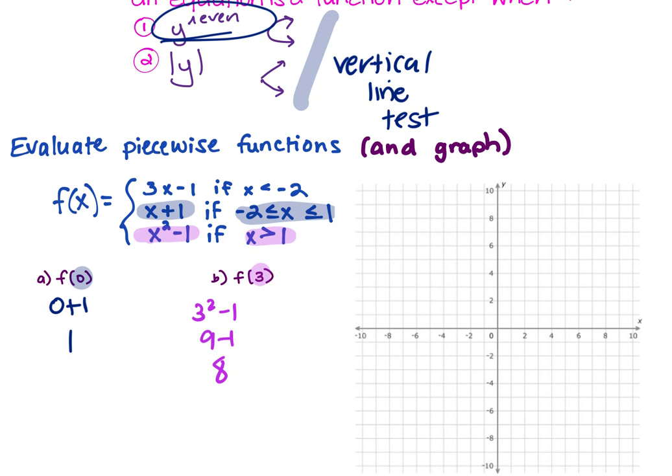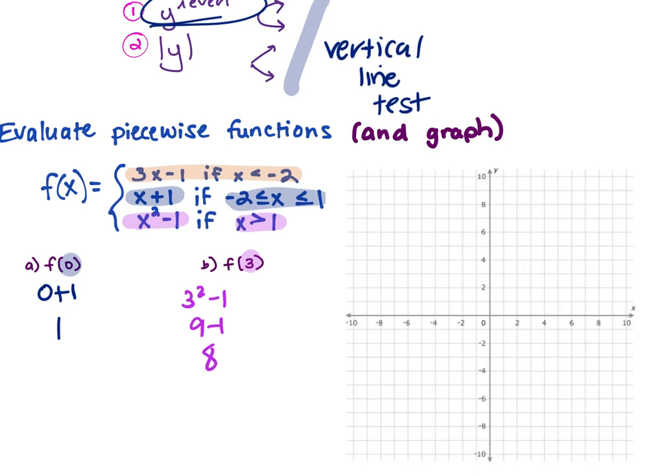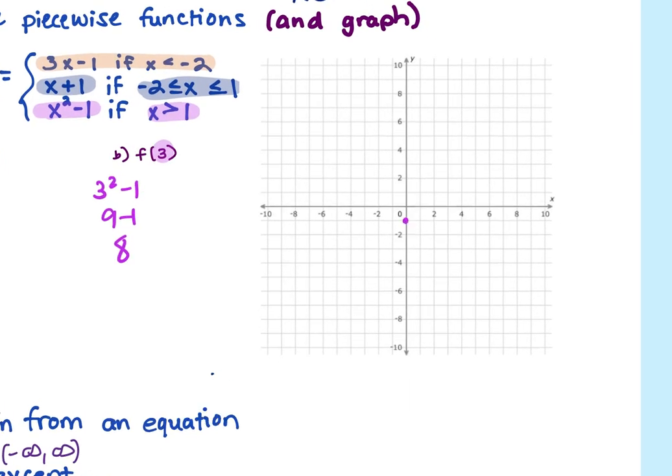Then it's going to ask you to graph it. And remember, there were 2 options here. You can either plot points from within that range, or you can draw the whole thing out and erase what you don't want. So if I start with the top one, what kind of graph is y equals 3x minus 1? A line. So I'm going to start where? -1, do it in the right color, -1, and then I'm going to use my slope to go up 3 to the right 1 or down 3 and to the left 1.